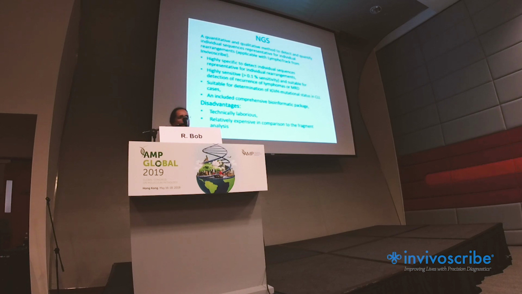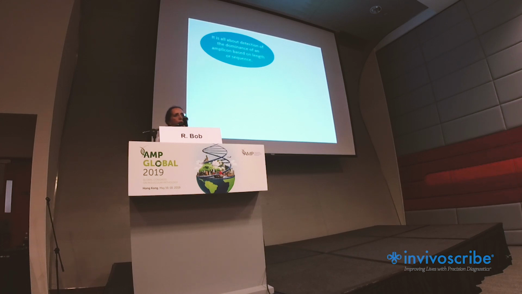But there are also some disadvantages. It is laborious, especially for small labs in daily practice, and in comparison to fragment analysis, it's a little bit expensive. But no matter which technique you use, we just want to look for the dominance of an amplicon, which is representative of a rearranged gene, whether we look at base pair length or at a sequence.